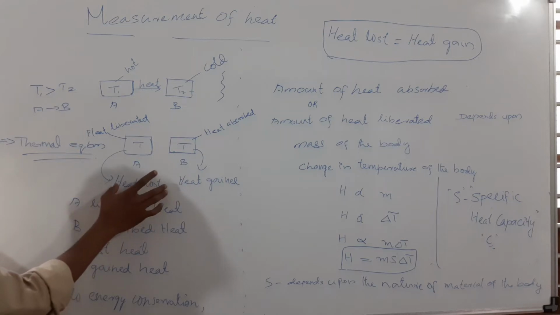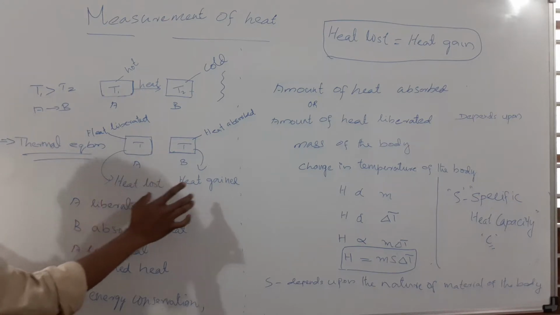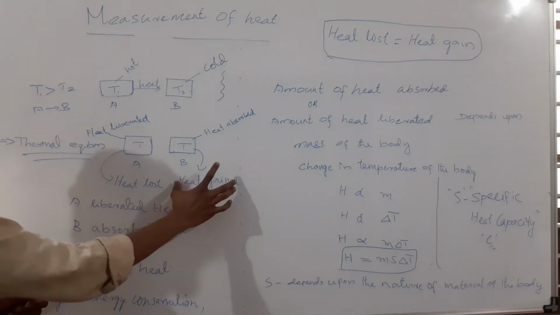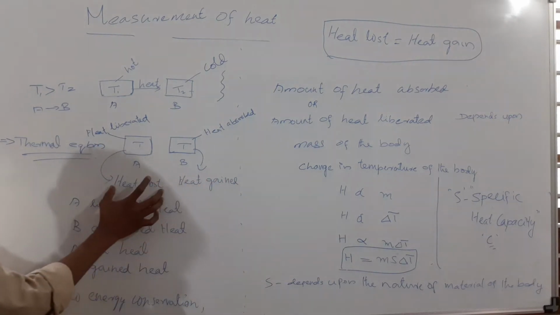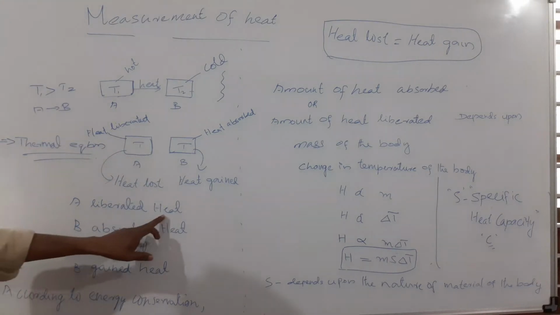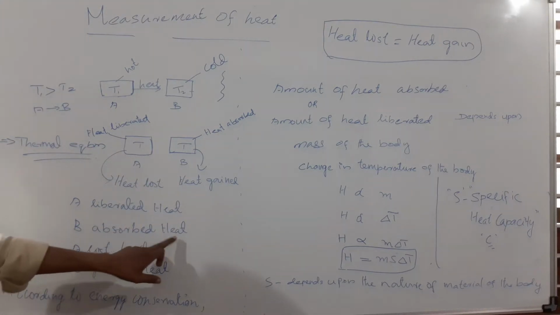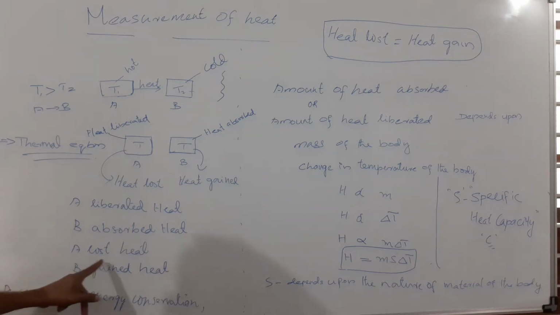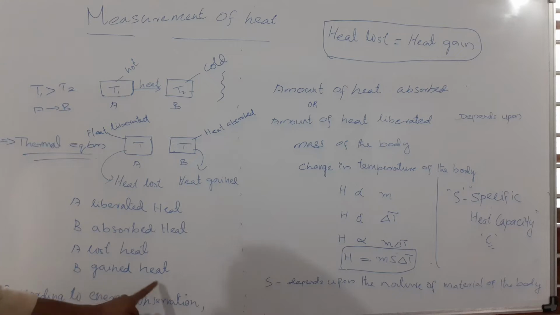Here heat loss has happened. Here heat is gained. So A liberated heat whereas B absorbed heat. Another way of telling the same: A lost heat and B gained heat.